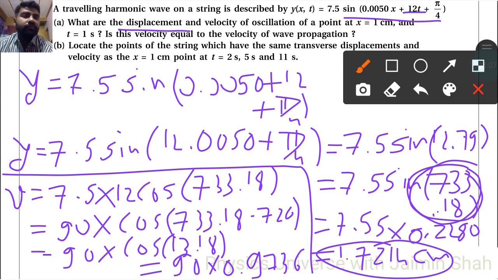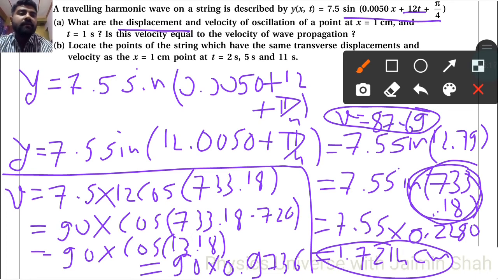So our speed v, we got 87.69 centimeter per second. So these are the velocity and displacement at x = 1 and t = 1 second.